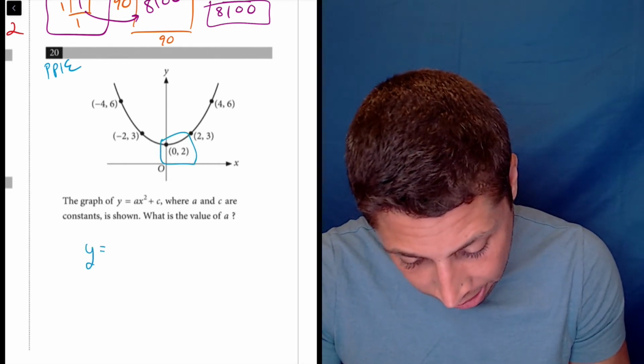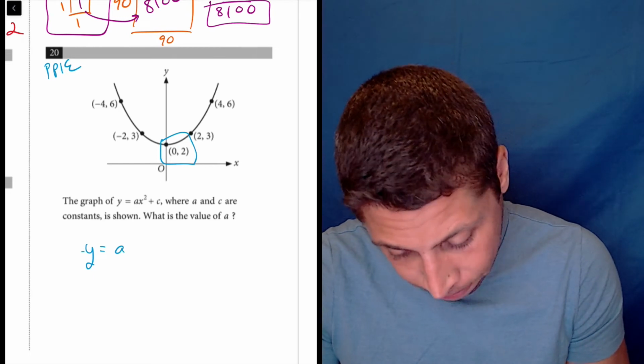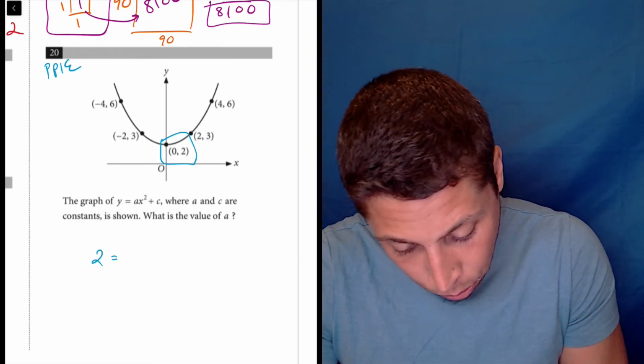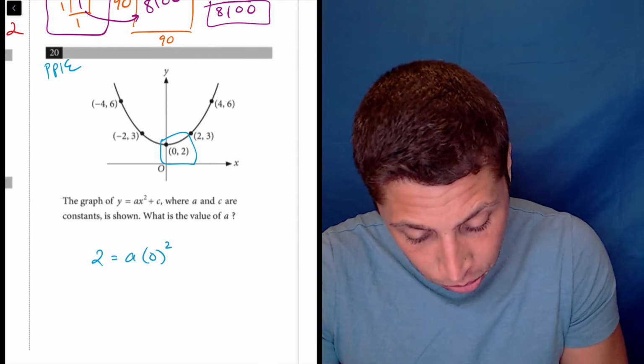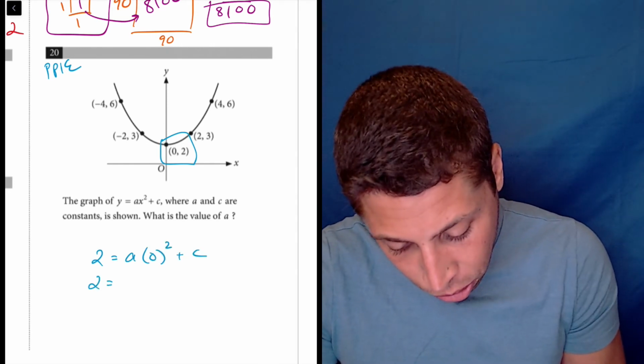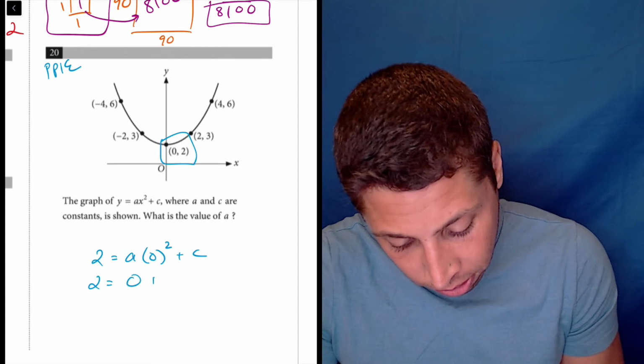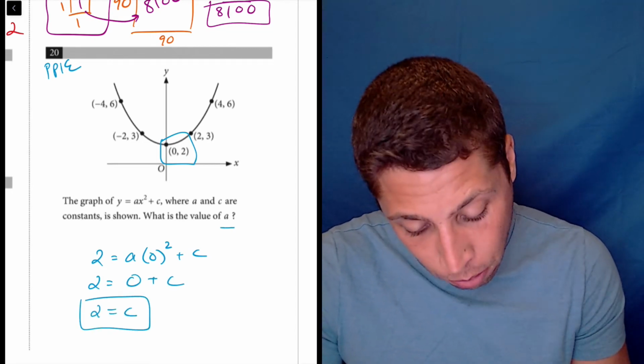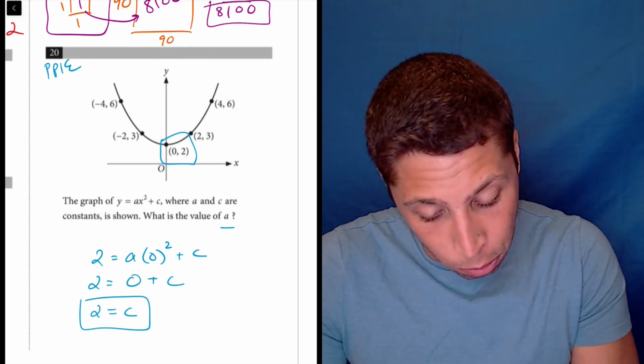Let's plug the point in. So 2 is equal to A times 0 squared plus C. This all cancels, so 2 is just C. That's something, but I want A. So let's pick a new point. Let's try 2, 3.